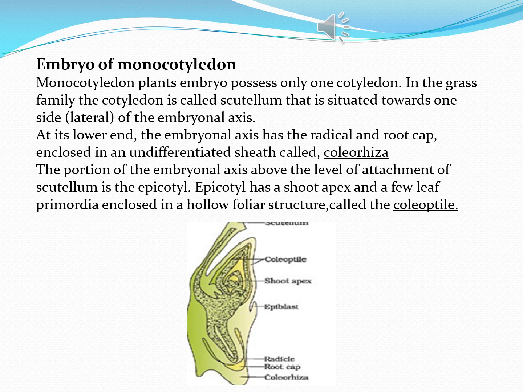It is covered by a leaf-like structure called the coleoptile. What is the function of the coleoptile? It also acts as protection for the shoot and leaves.